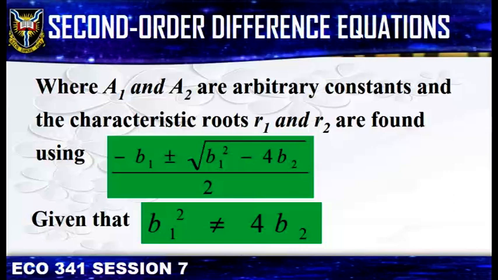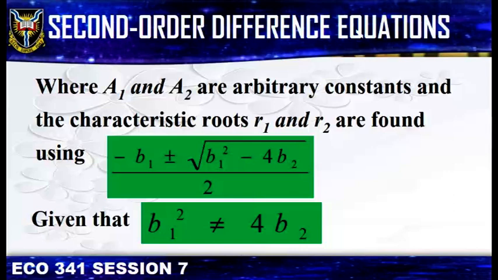Example 2. The complementary function of equations 1 and 2 in example 1, using equation 33 and then substituting in equation 7.45: r1, r2 is equal to 10 plus or minus square root of 100 minus 4 into bracket 16 bracket closed, divided by 2, is equal to 10 plus or minus 6 over 2, is equal to 2 or 8. Thus, y_c is equal to A1 into bracket 2 raised to power t plus A2 into bracket 8 raised to power t.